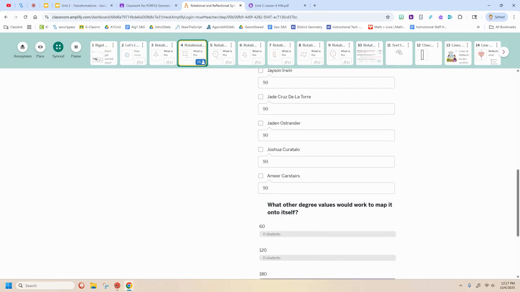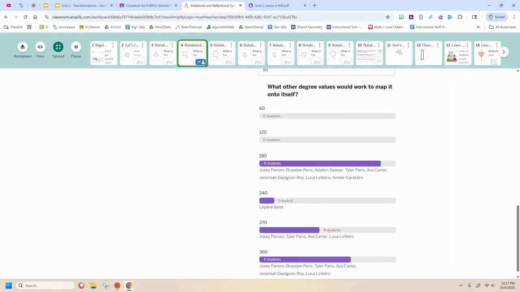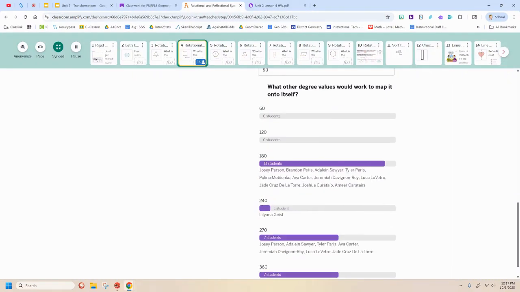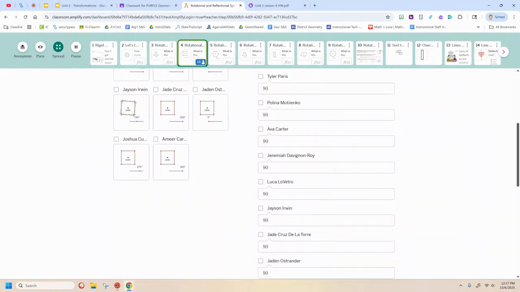Yeah, very good. Thank you. So then what other degrees would work? Any other number that's divisible by 90. So if 90 is the smallest, if we skip count by 90s, we get 90, 180, 270, and 360. That's all you get.